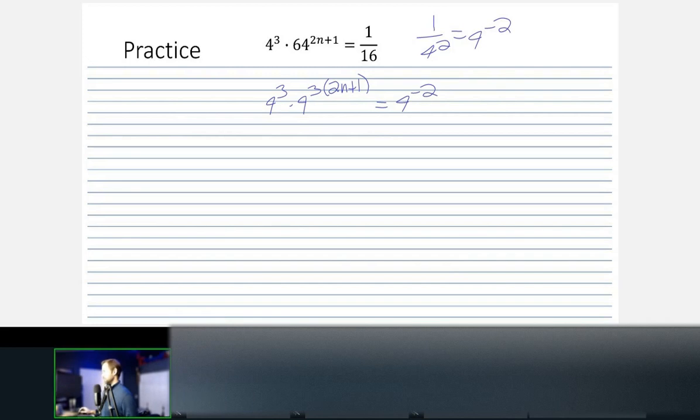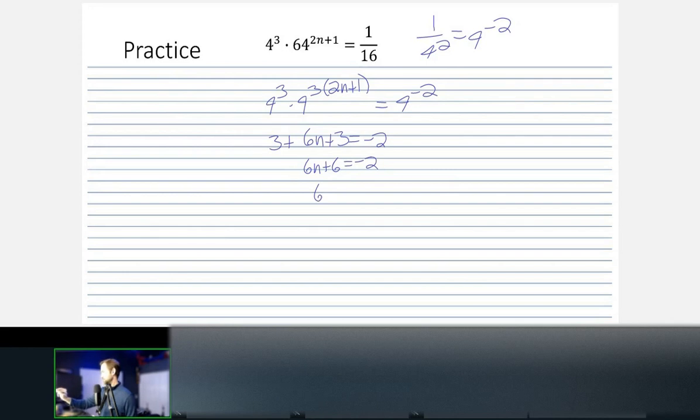All right, so we basically get 3 plus 6n plus 3 equals negative 2. 3 plus 3 is 6.